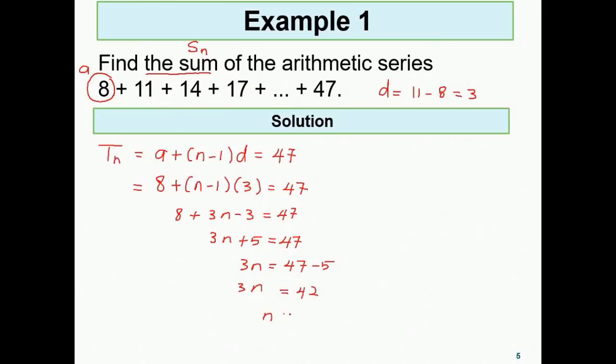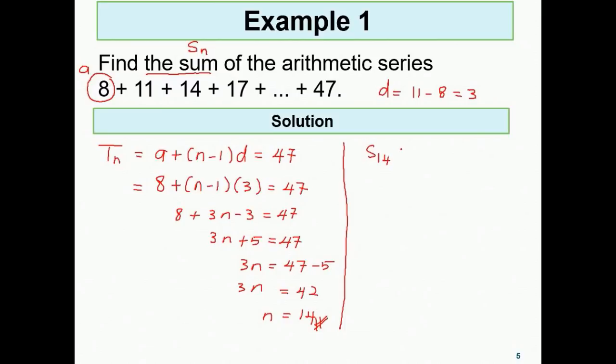Therefore n equals 14. So between 8 until 47, we have 14 terms altogether. So we need to find S14.